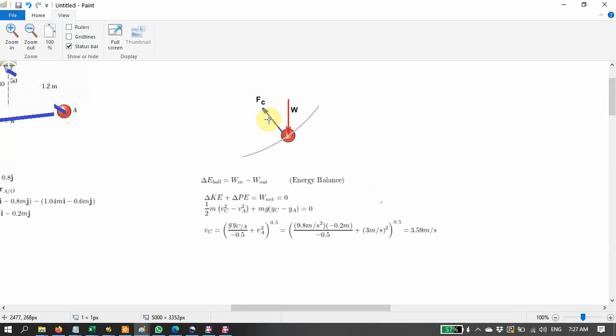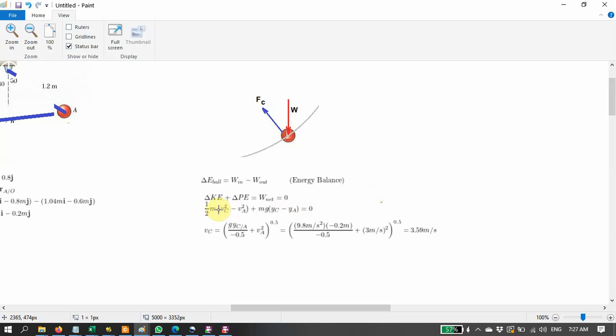So the net work done by the force on the ball is equal to 0.